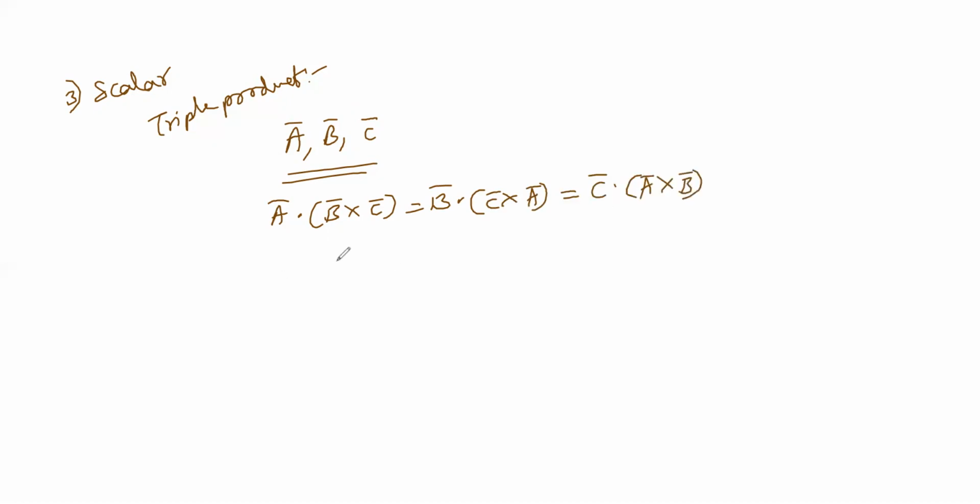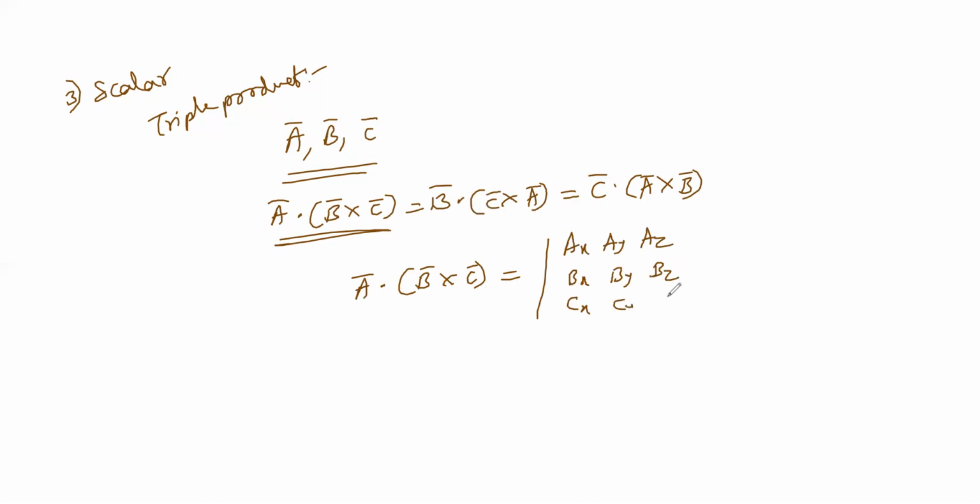To write this single term as a determinant: A bar dot B bar cross C bar equals the determinant of AX, AY, AZ, then BX, BY, BZ, then CX, CY, CZ. The result of this product will be a scalar for the triple product.